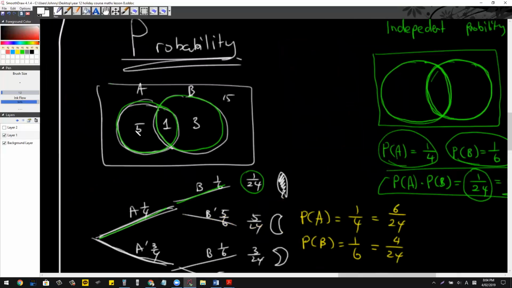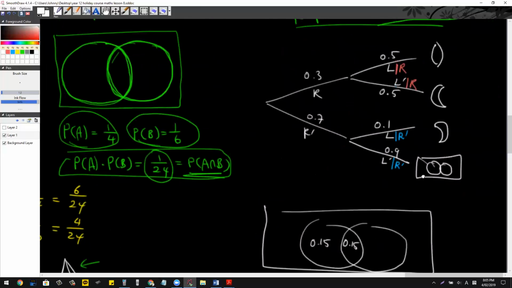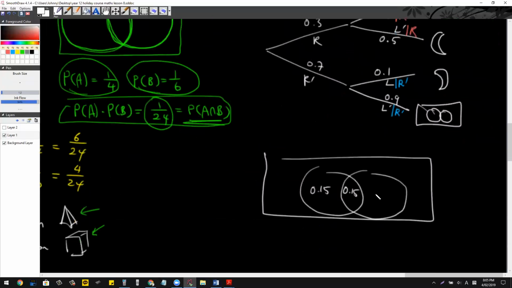I'm writing down the probability. So if you simply divide all these numbers by 24, which is the total number of events, then you get probability. So here, I've got 0.07, and the outside is 0.663.